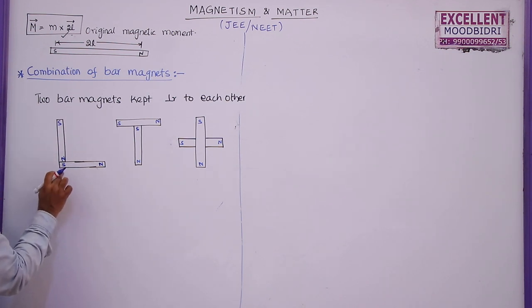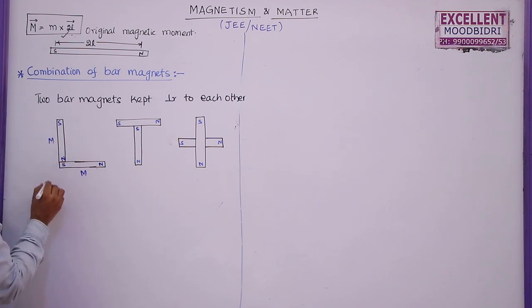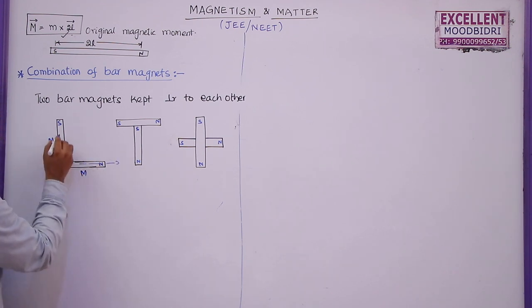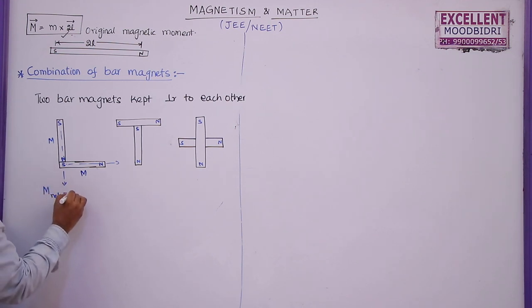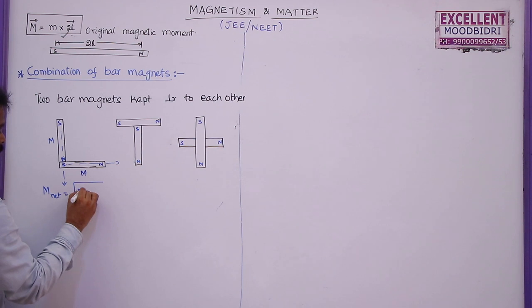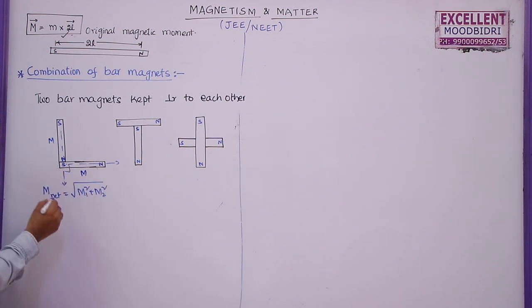So what is the magnetic moment in this case? So this is M, this is M. So M is given by, this will be in this direction, this will be in this direction. So M net is given by root over M1 square plus M2 square, as the angle between these two is 90, 2 M1 M2 cos 90 will become 0.